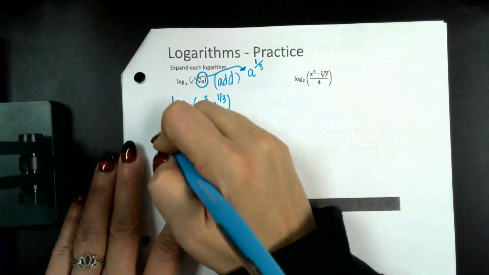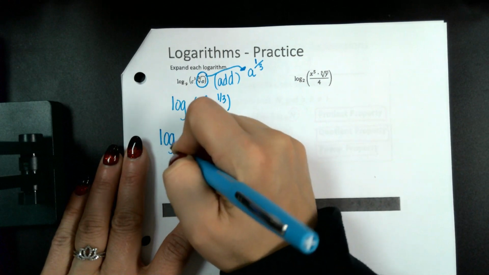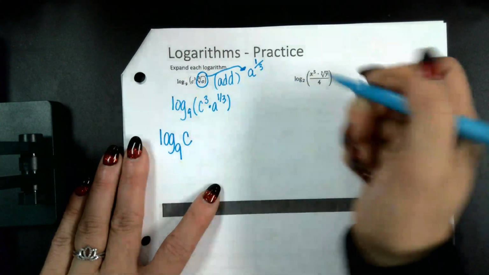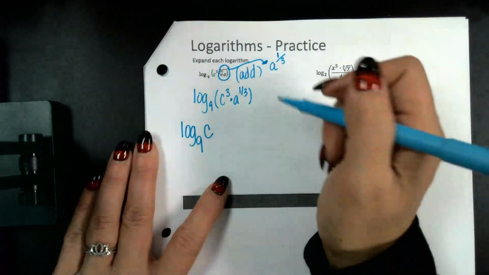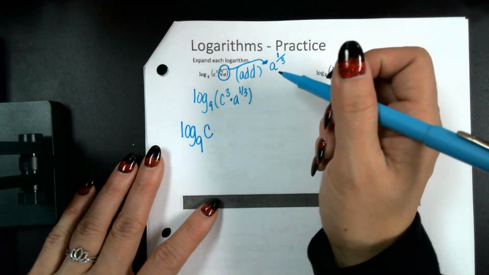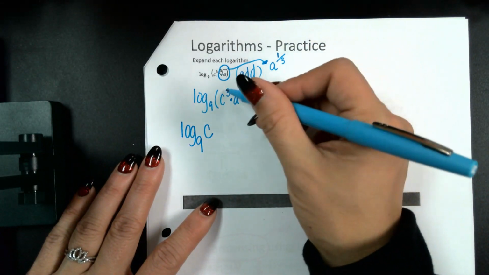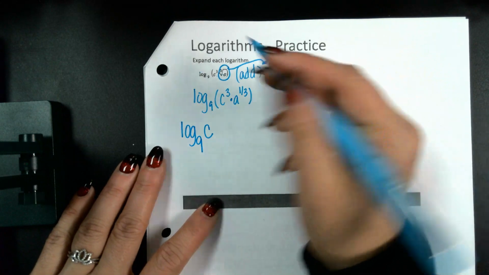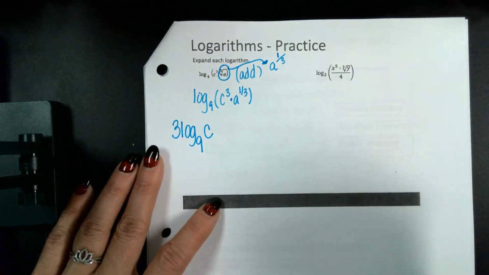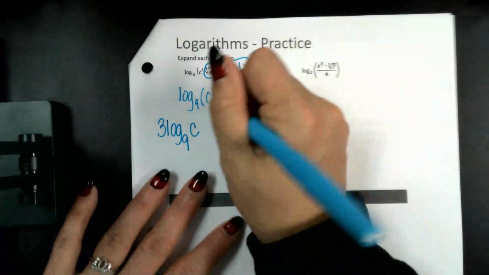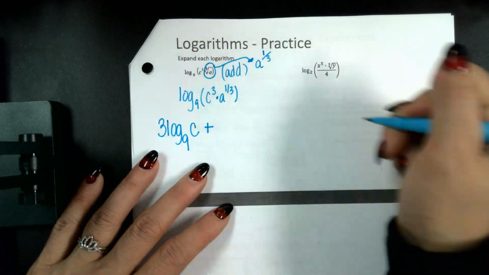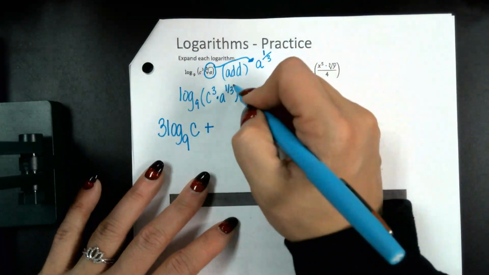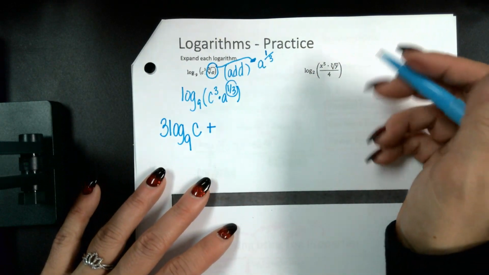Okay, so let's separate these. We have the log base 9 of C. Where is that exponent of 3 going? Where do we put exponents? In the front. So it goes out front of that log. Then multiplication gets turned into addition. Now this exponent would have to go out front, right?